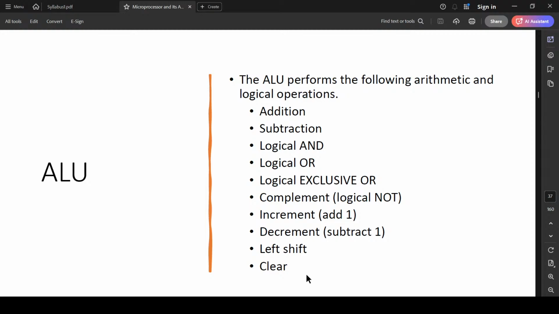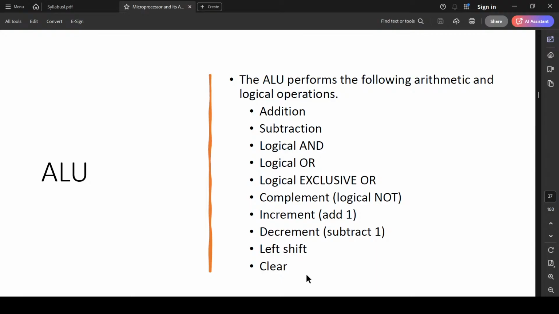The OG addition, the second OG subtraction, AND, OR, XOR, NOT, add one, increment. You can just say successive. What were the two words? Increment and decrement, successor and predecessor.